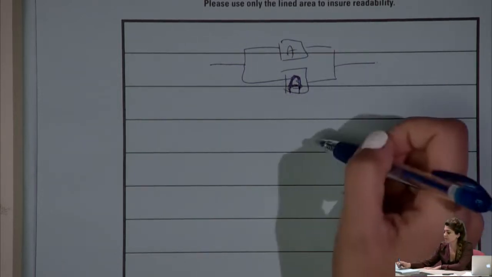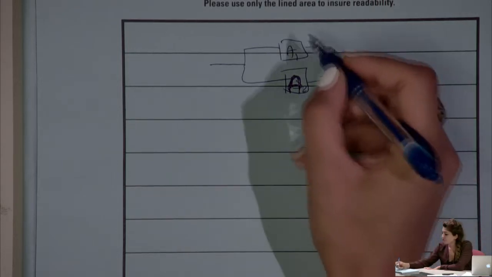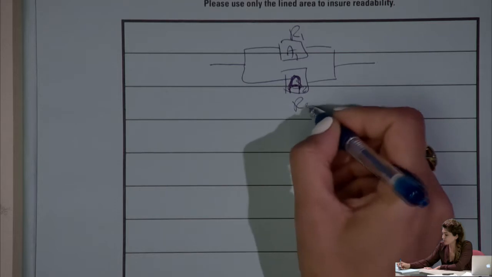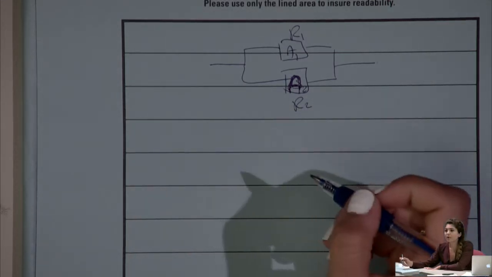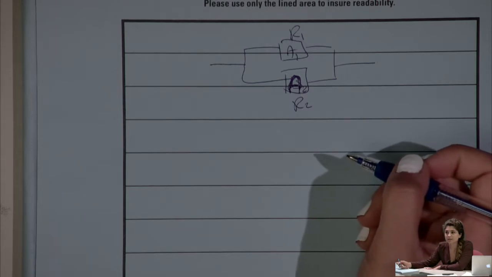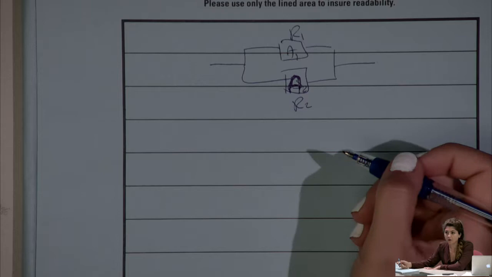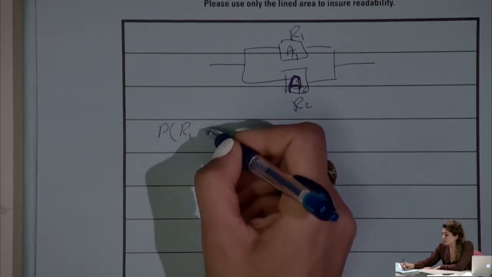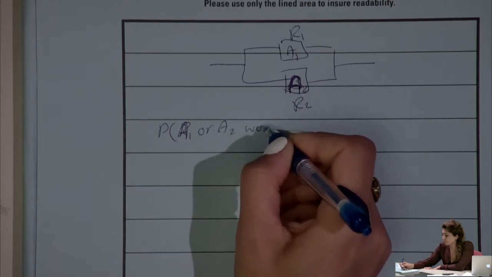So I call them, let's say, A1 and A2. Now, if R1 is related to component 1 and R2 is related to component 2, what is the probability that the system works in this case? R2, exactly. So the probability that A1 works, or A2 works.